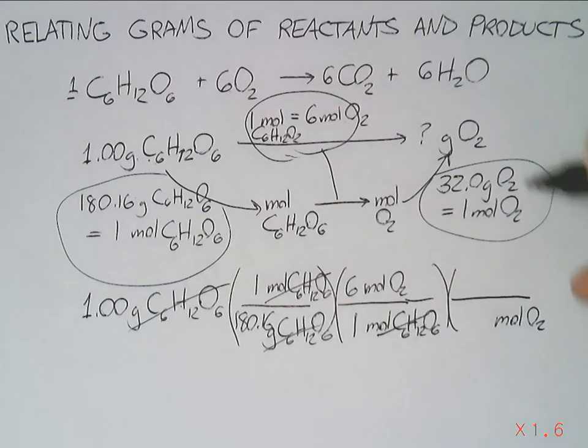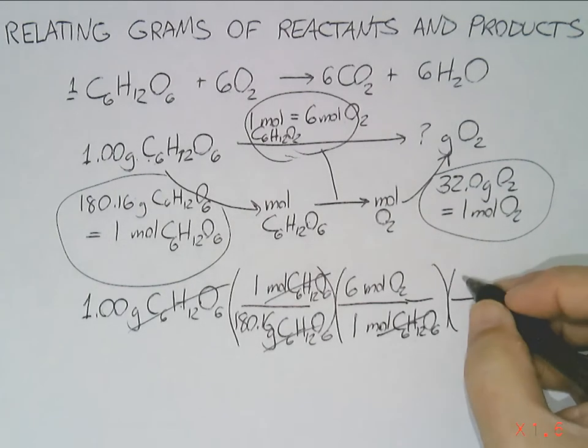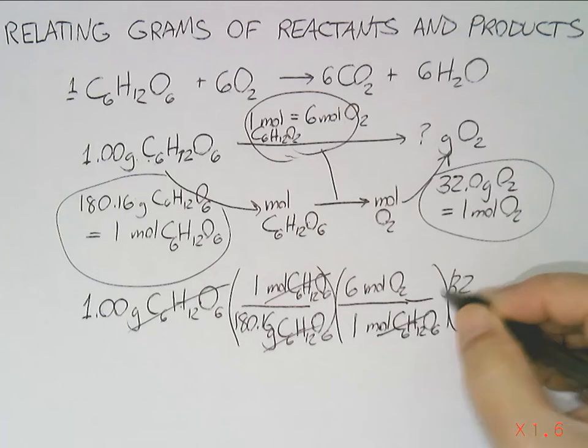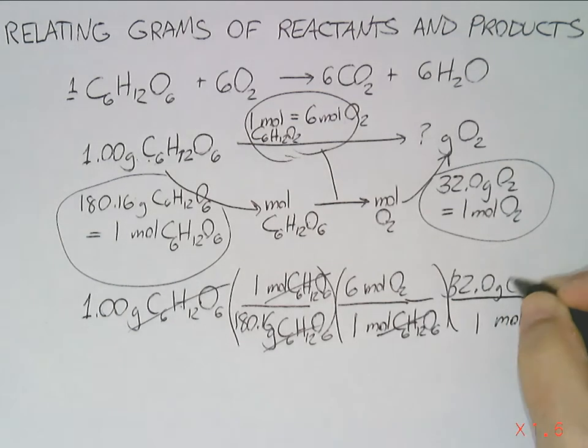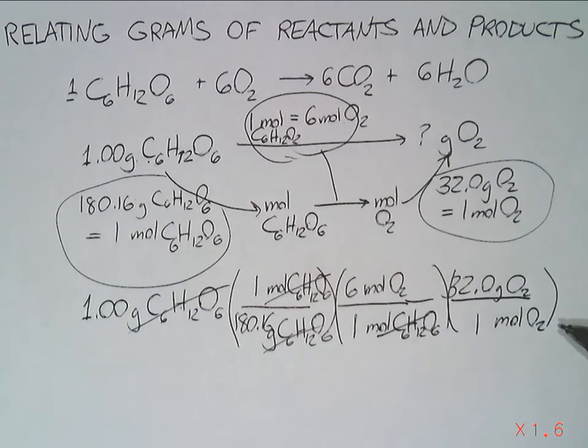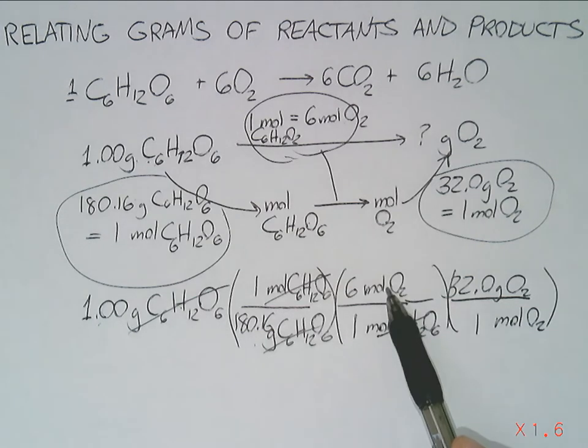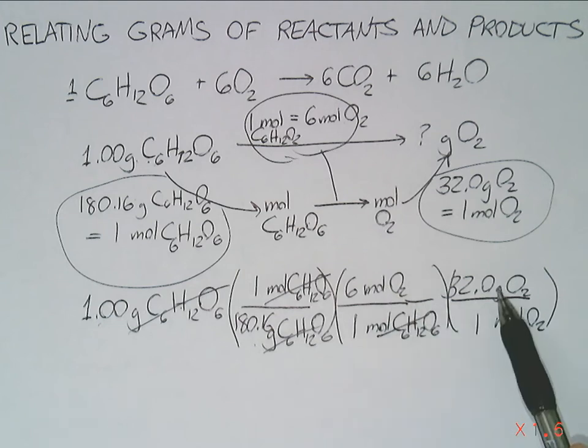And here's the link that I need. 1 mole of O2 is 32.0 grams of O2. So I pick up my calculator at this point. 1 divided by 180 times 6 times 32 is going to give me the answer, whatever that is.